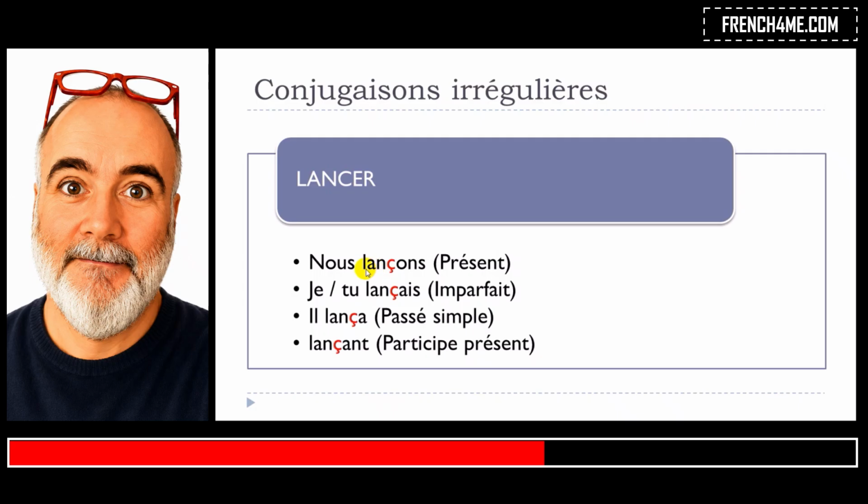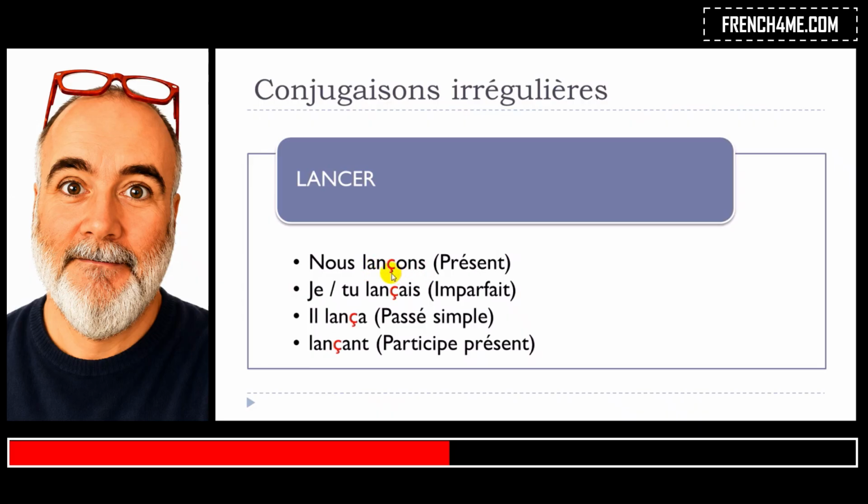But then phonetically, we would get "lancon", nous "lancon", and the problem would be the difficulty of making the connection between this form and the infinitive, because the infinitive is lancer. If we get this form, it would be quite difficult to make the connection between them. So just to get the sound s that we've got in the infinitive, we only need to put this cédille, and we'll get nous lançons.